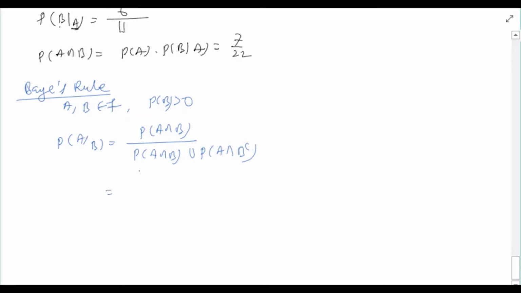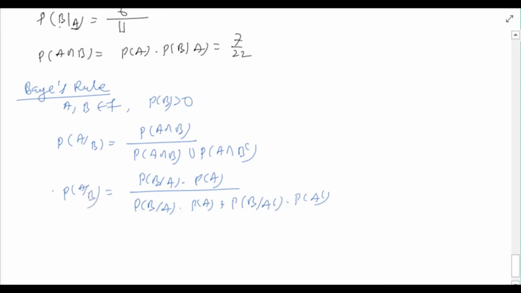This can further be rewritten as the probability of B given A times the probability of A, divided by the probability of B given A times the probability of A plus the probability of B given A complement times the probability of A complement. This equality is referred to as Bayes rule.